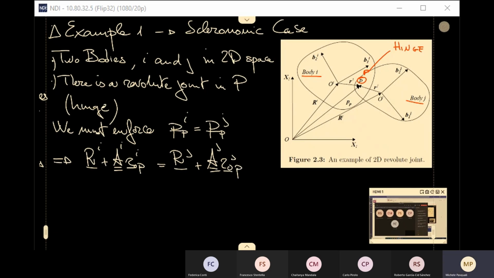So this is what we have to enforce. This is a hinge. In fact, this expression here is valid also in the 3D space, okay? Because this is a vector equation. Okay? So this is what we have to enforce.